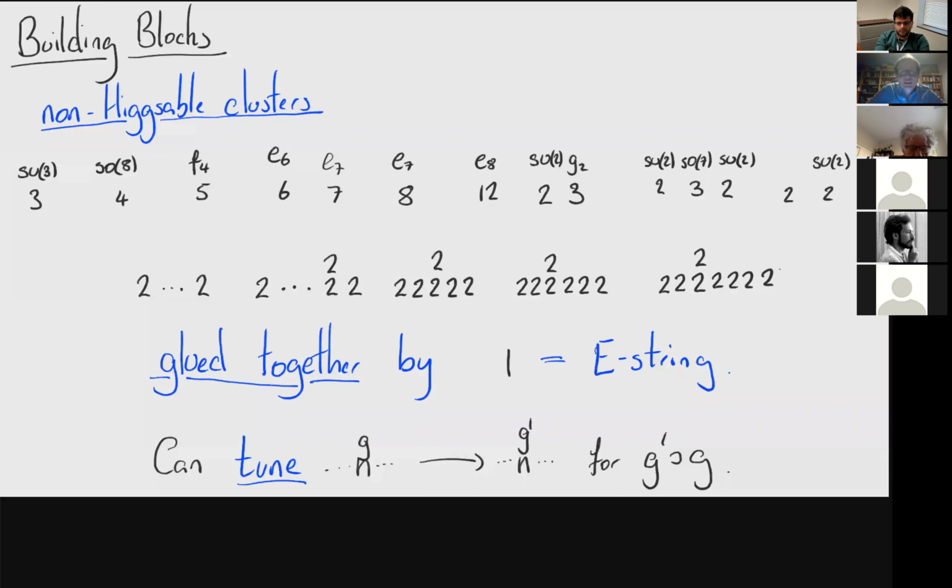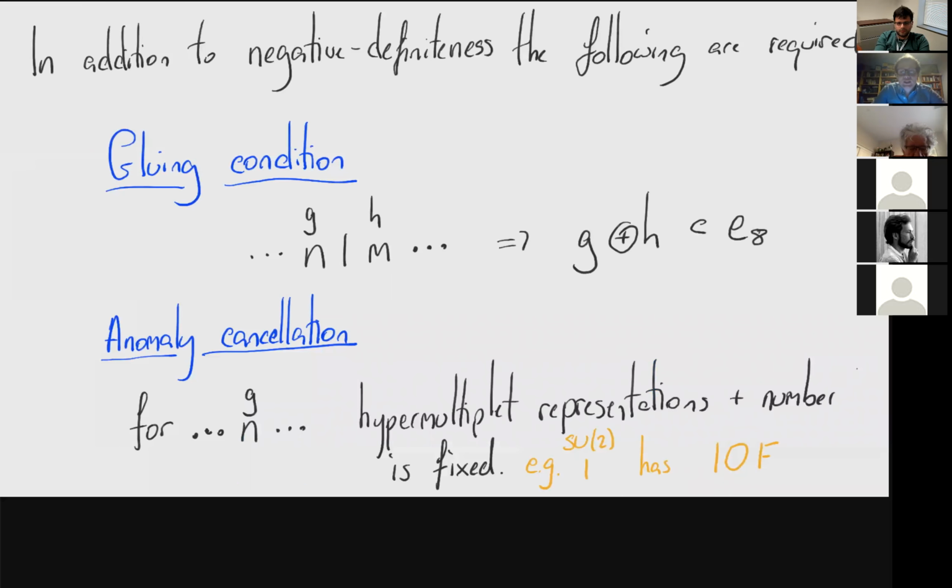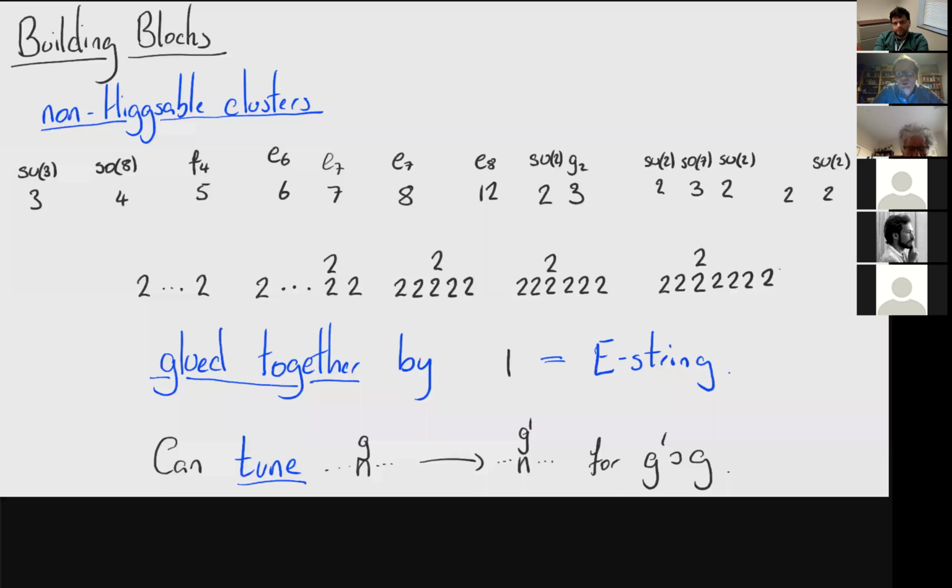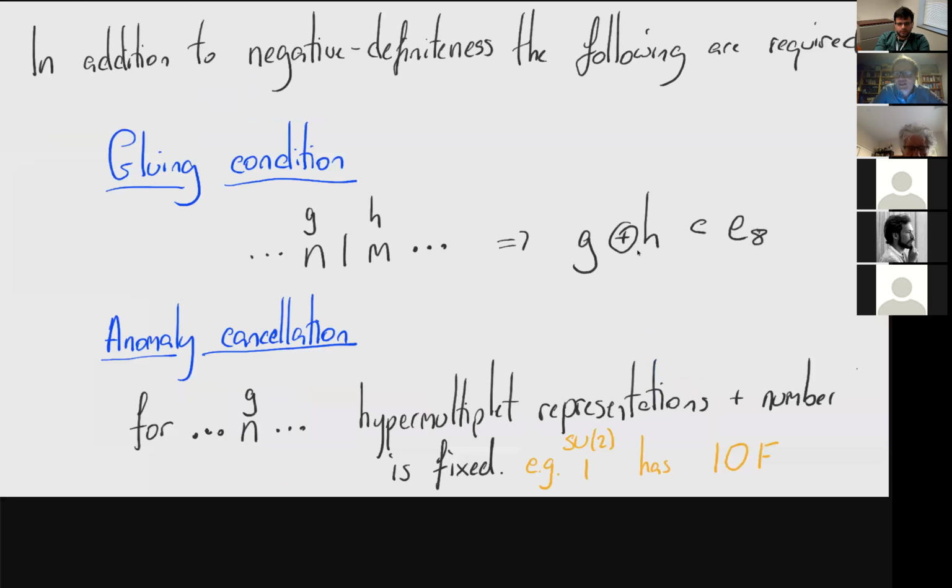Okay. So the gluing condition tells you that when you glue two non-Higgsable clusters together, remember these things N and M must come from our list that I just gave here. I can only glue them together if the sum of G and H sits inside of E8. So the reason for this is that this property involves gauging a subalgebra of the E8 flavor symmetry of the E string. So of course you can only do that if it sits inside of E8.